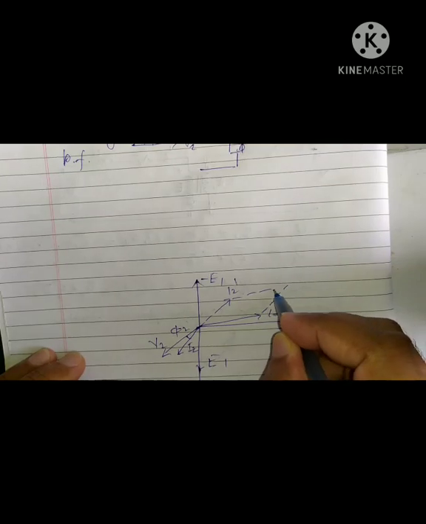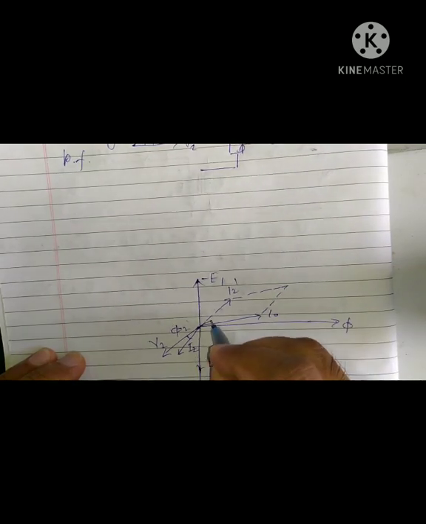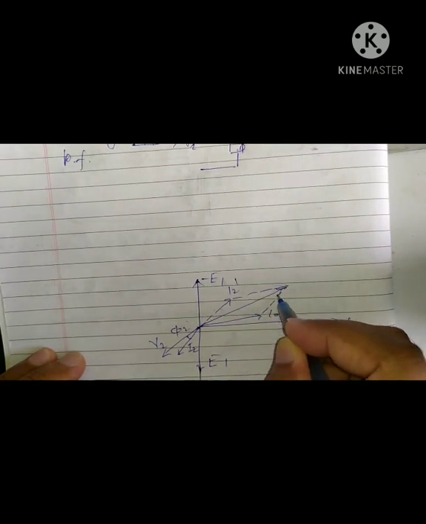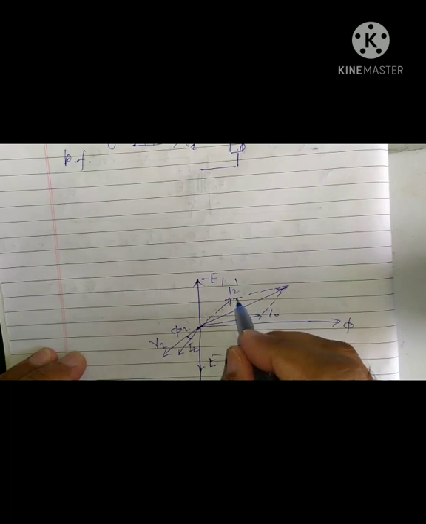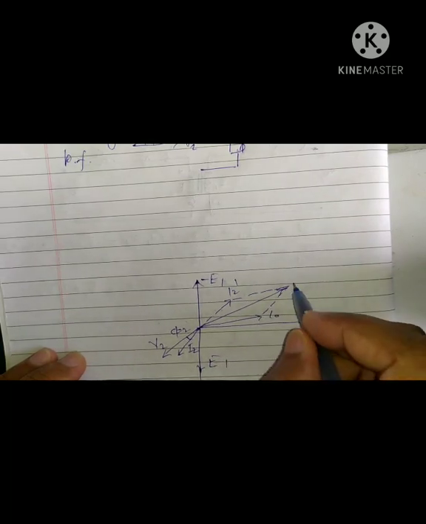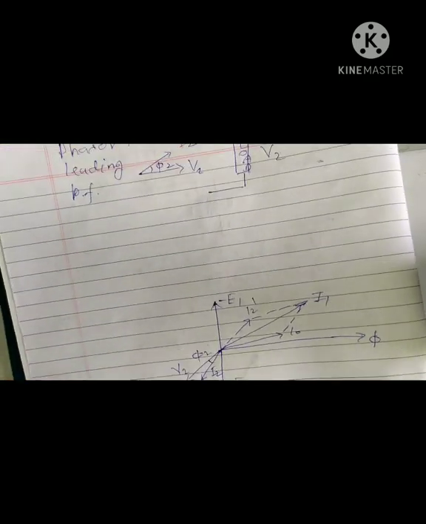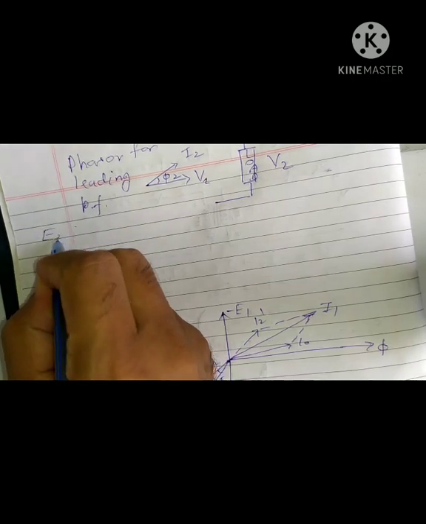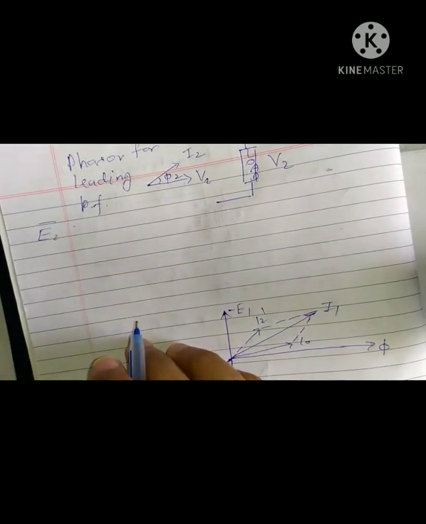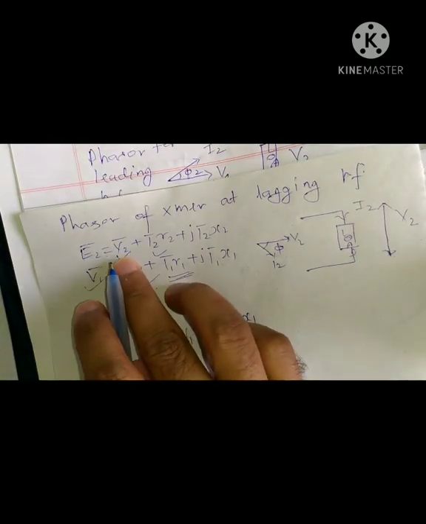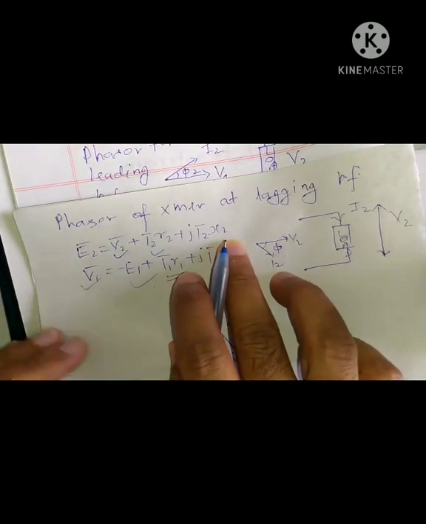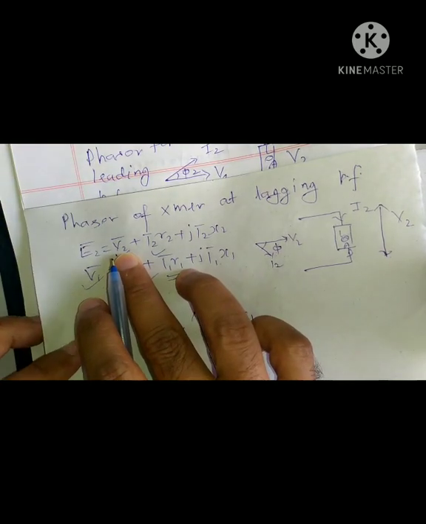So let me complete this parallelogram. So this current, which is I0 plus I2 dash, is I1. Now V2, we know E2 is V2 plus I2R2 plus J I2X2. So V2 is available now.